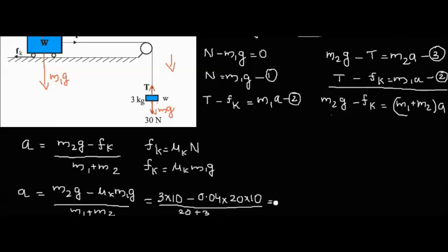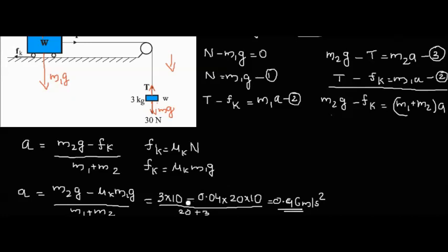So while doing this you will get the answer as 0.96 meter per second square, right?